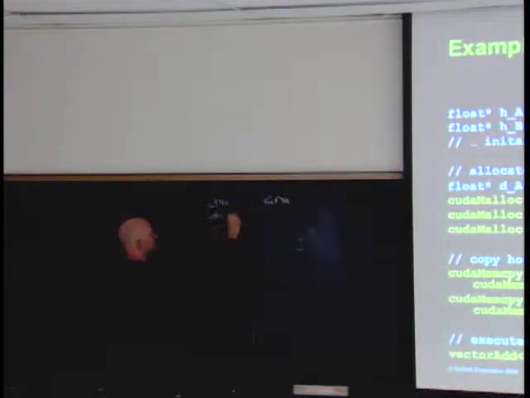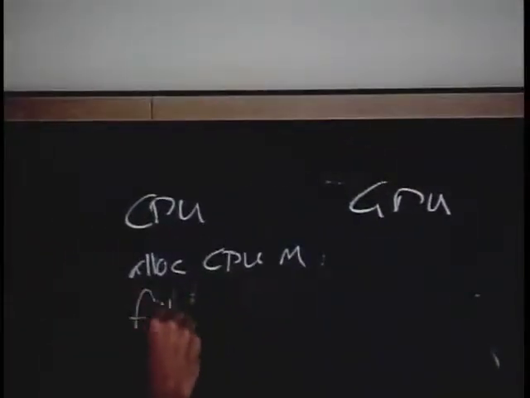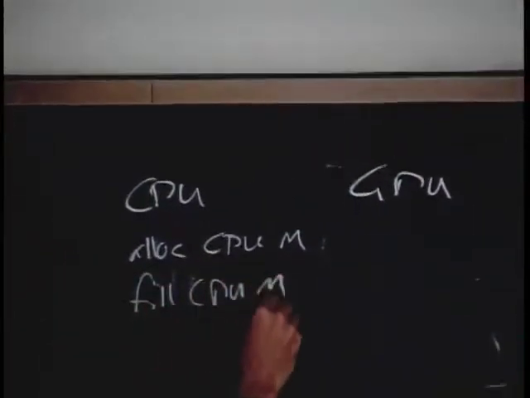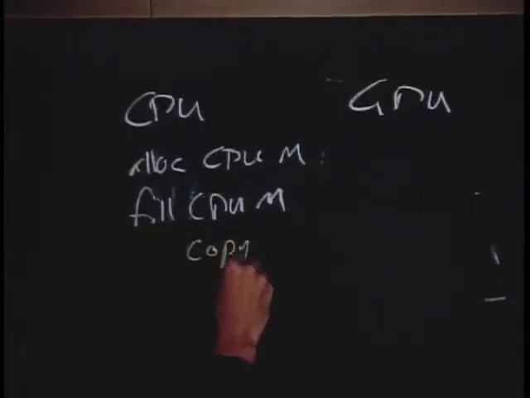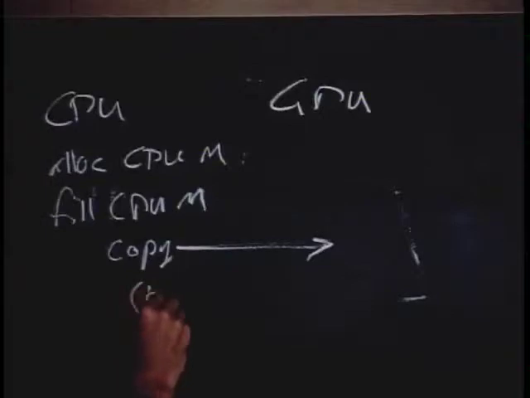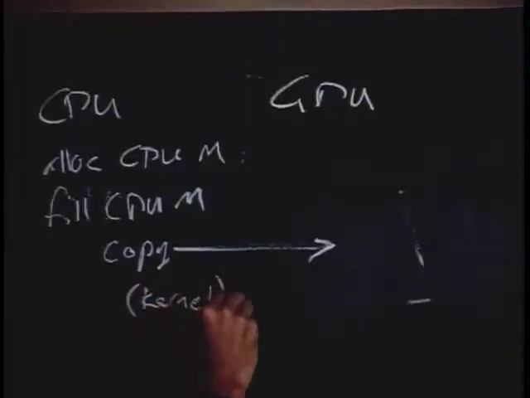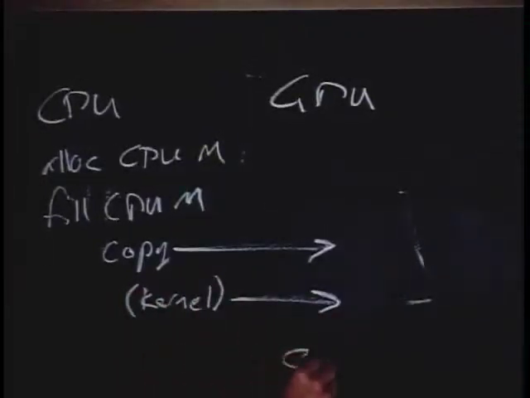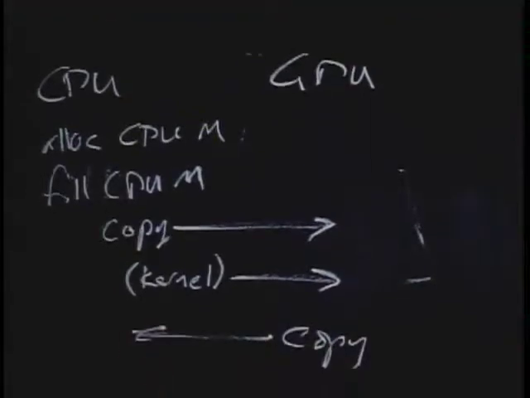So I guess this is allocate CPU memory. Then we fill CPU memory. Then we copy to GPU. Then we call the kernel that runs over here. Then we copy the result back here.